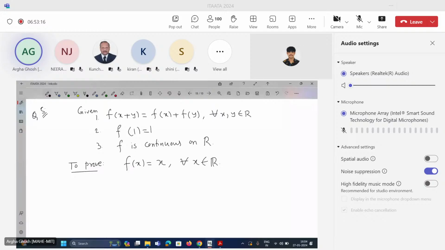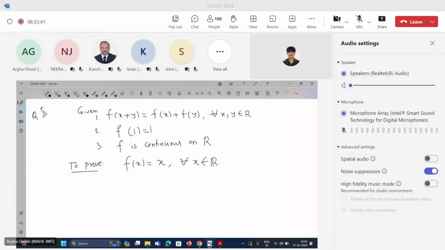Can we show that f of n is equal to n for every natural number? Okay, so first thing, try to show that for any natural number n, f of n is equal to n. That's easy, I guess. We can show it.